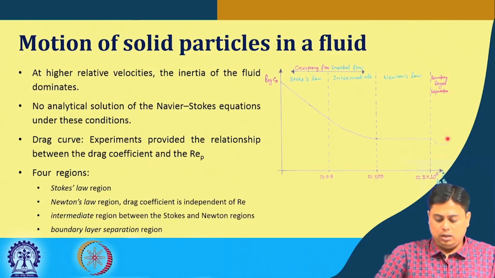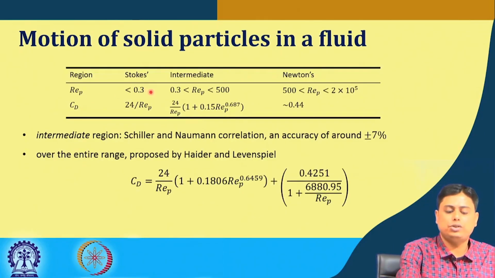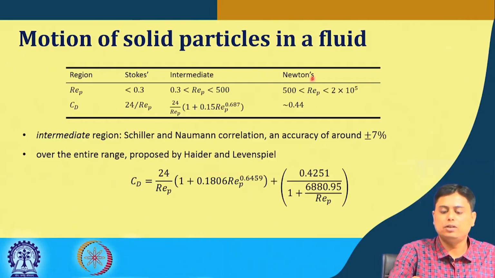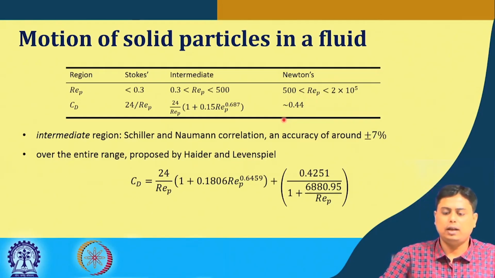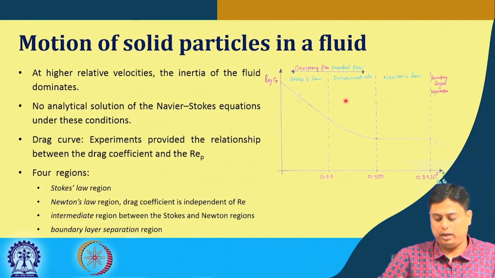Okay. We see that for this Stokes region, when this REP is less than 0.3, we have the CD value 24 by REP. In the Newton's region, we have CD numerically equal to 0.44, which is pretty much constant, and this is the range of the REP that we say is in the Newton's region.